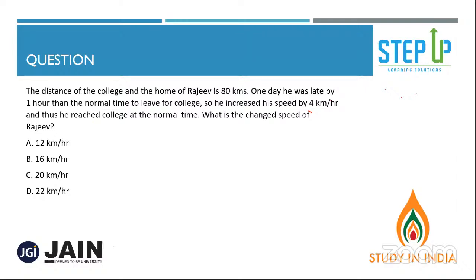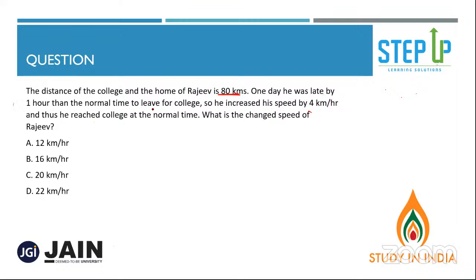Okay, so 20. Yeah, correct. Okay. For this question, the distance of the college and the home of Rajiv is already given. So your life is pretty easy now.